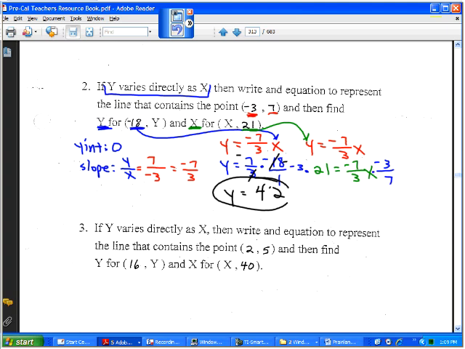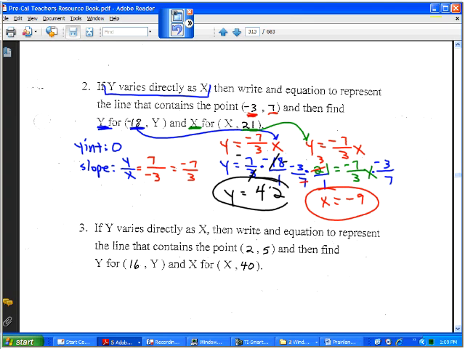Notice that the reciprocal is the same sign. When we reciprocate, we don't change the sign. You do that when you're doing perpendicular line slopes. And so 7 goes into 21, 3. Negative 3 times 3 is negative 9, so x equals negative 9.